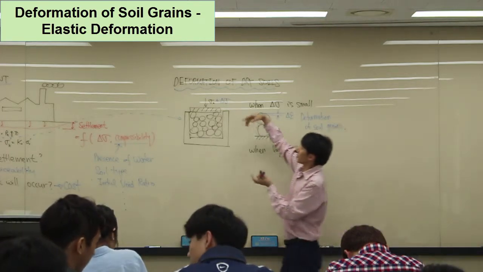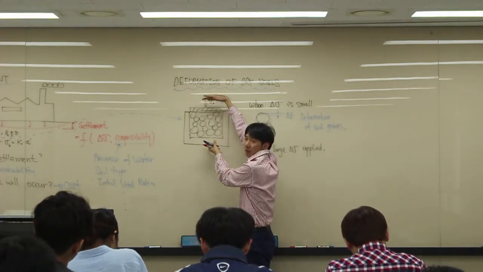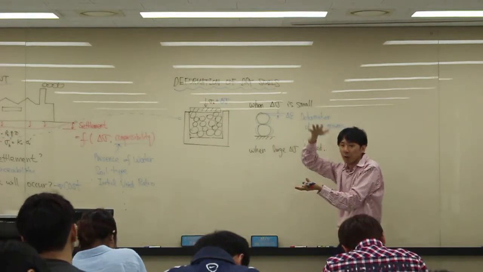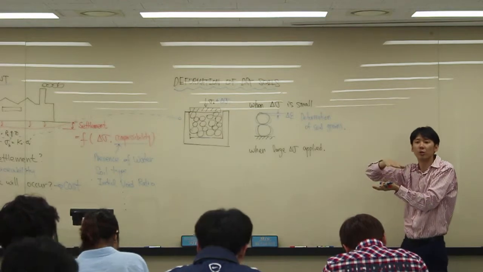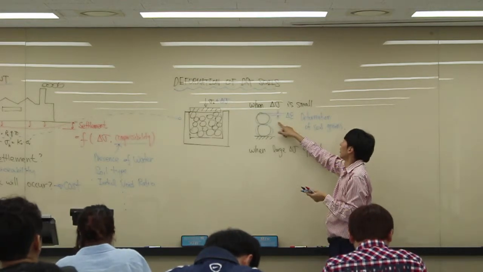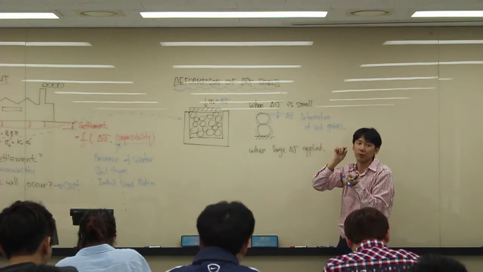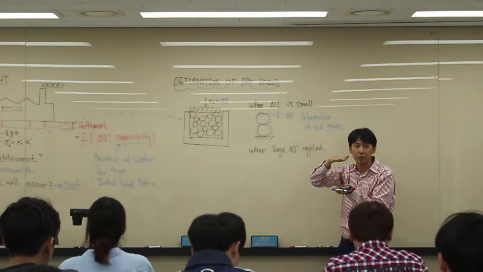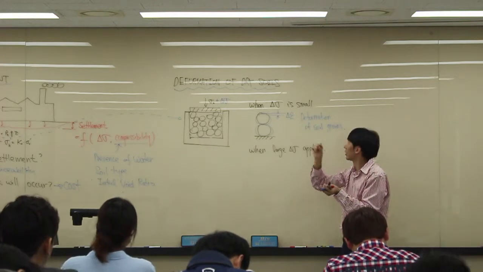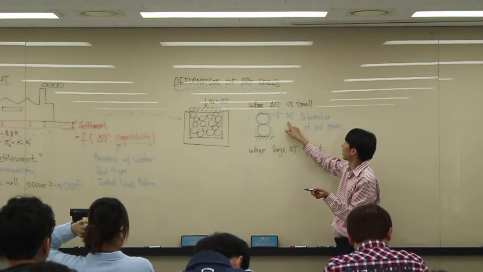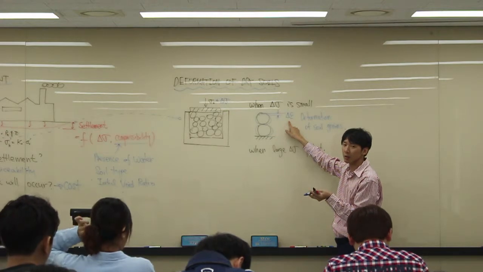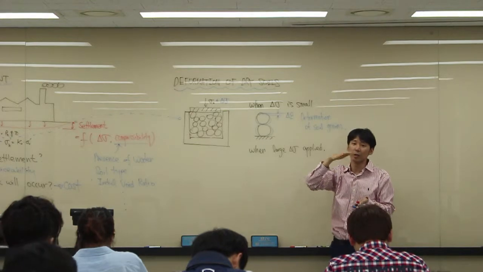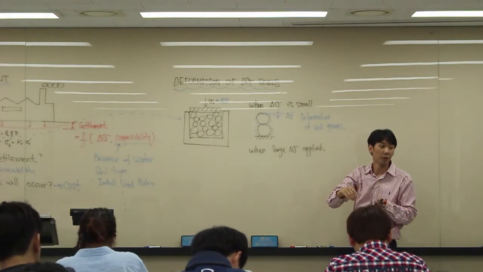So imagine that we have a loading plate, and in this loading plate we start increasing the vertical stress. When this stress increment is small, you will develop a very small amount of deformation. The loading plate will go down by a small bit, which can be represented by this delta epsilon, the strain. And this deformation is actually caused by the deformation of the grain itself.